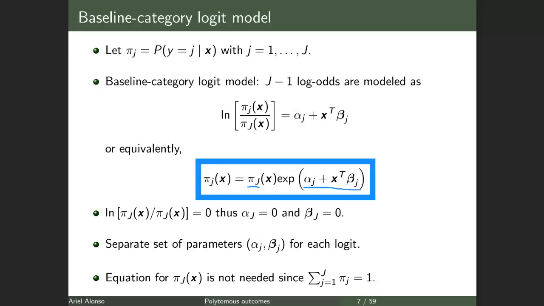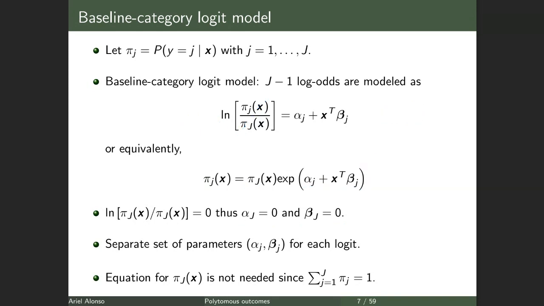And obviously, when j is equal to the reference value, when j is equal to J, then the ratio becomes 1, and then the logarithm becomes 0. The whole term here becomes equal to 0. So we are going to consider that alpha_J and beta_J for the reference category are equal to 0.